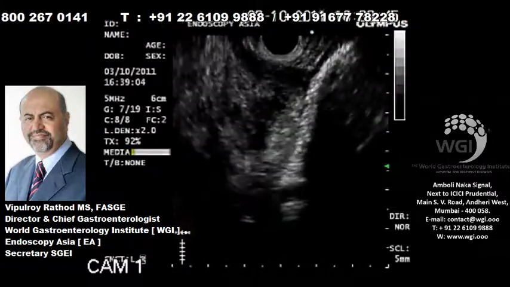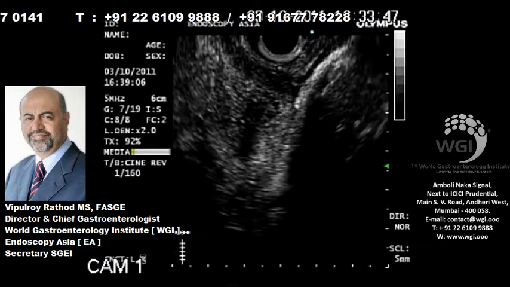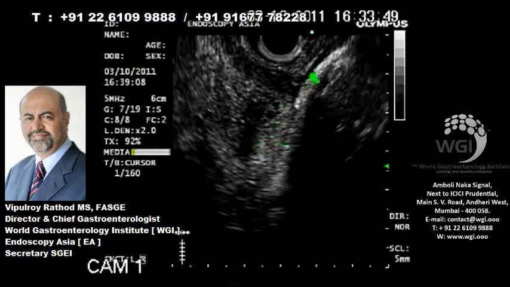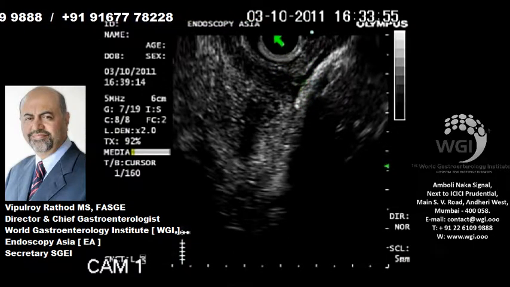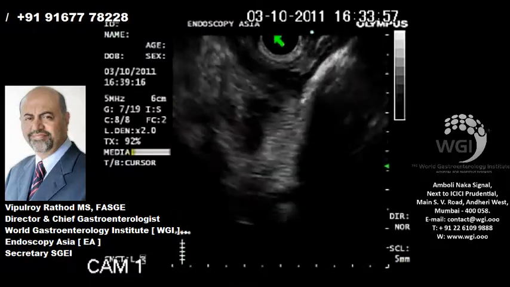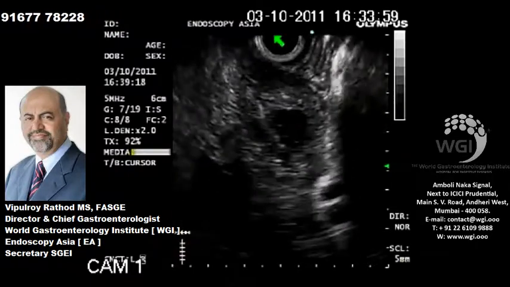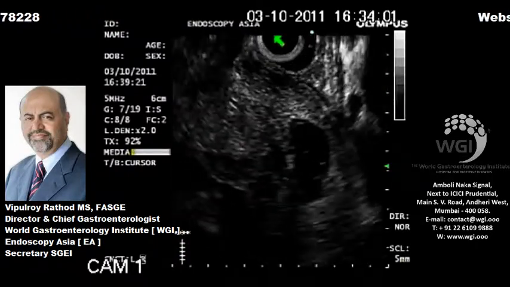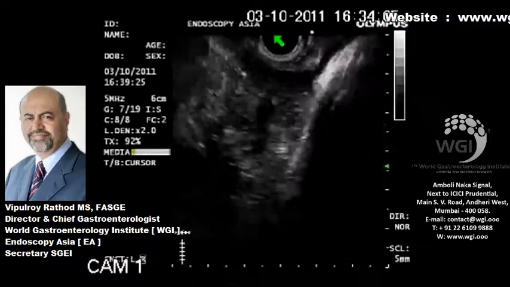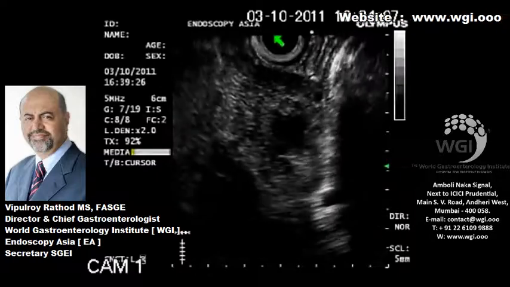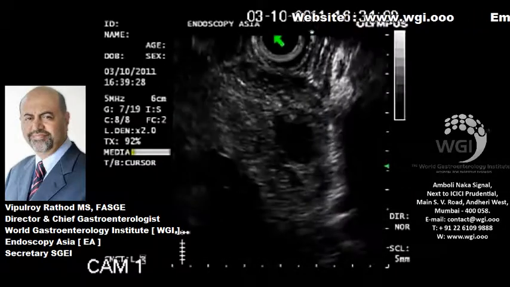So if you see this particular area, it gives an impression that the muscularis propria is flaring up here. And this gives an impression of a GIST. But the moment I turn my scope a little bit away and get into the little perspective, I can see the muscularis propria running there.